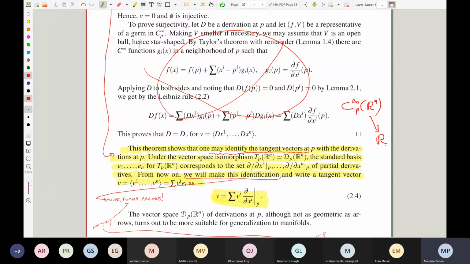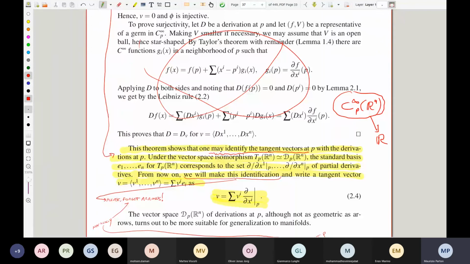So a tangent vector, which up to 3 minutes ago was an arrow or just a set of numbers given a basis, is now a map from equivalence classes of functions satisfying a certain property, that is to be a derivation, that is satisfying the derivative property.